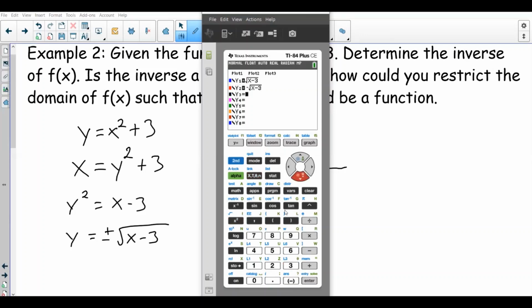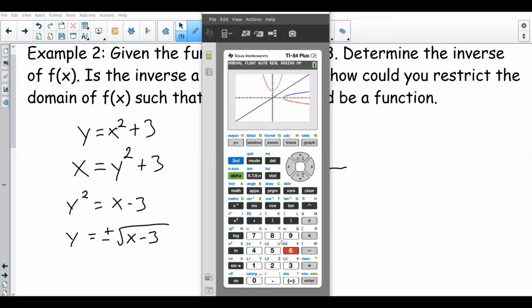And just for the fun of it, let's throw in the line y equals x and the curve x squared plus 3. So we'll graph everything to start with, and maybe we'll come back and dump some of that.